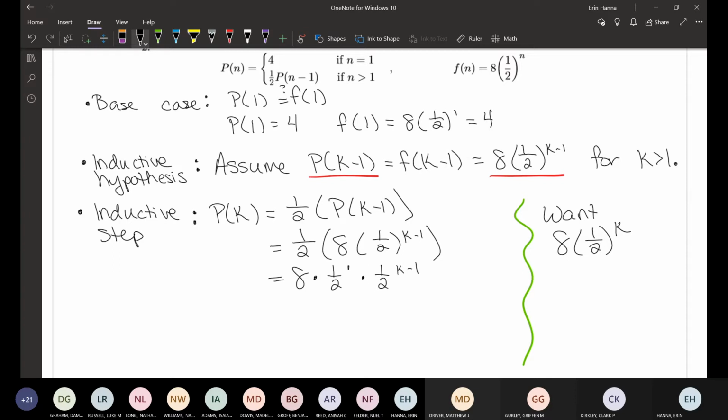Since those are both 1/2, you can smush them together and add their exponents. K minus 1 plus 1 would be k. So we get 8 times 1/2 to the k, because we do k minus 1 plus 1, or 1 plus k minus 1, whatever floats your boat. Using exponent rules.